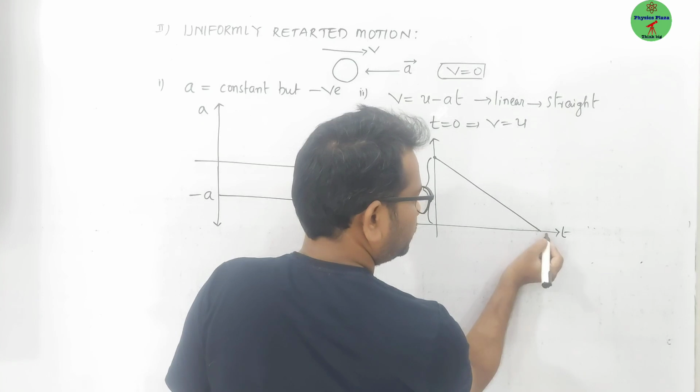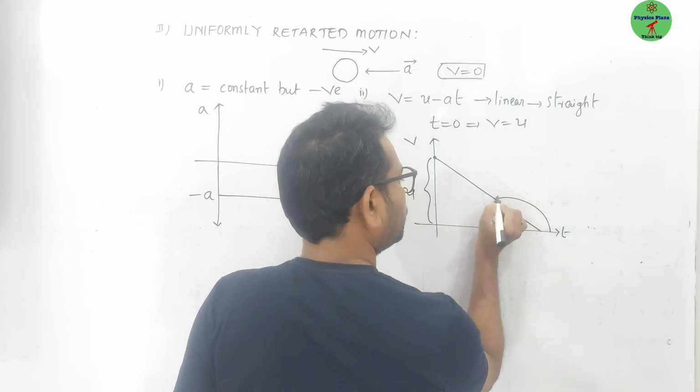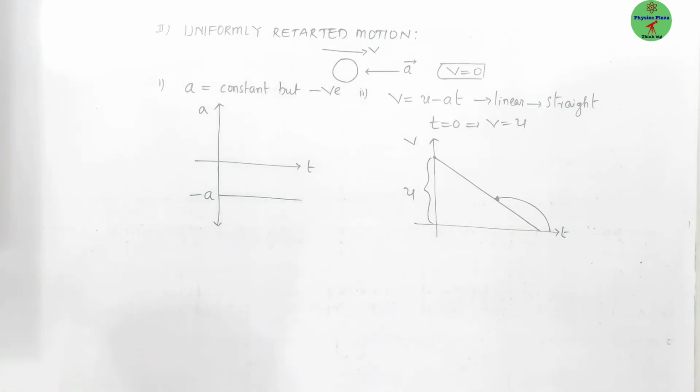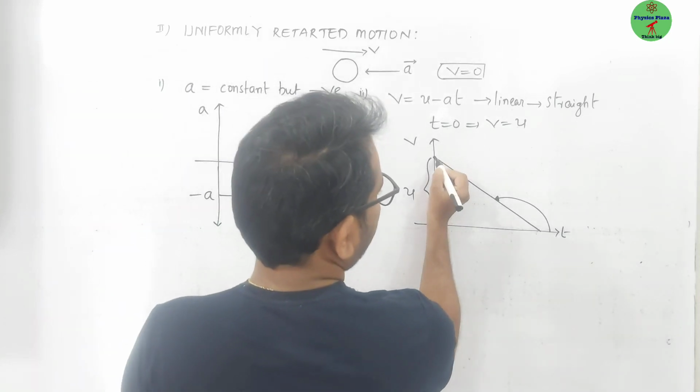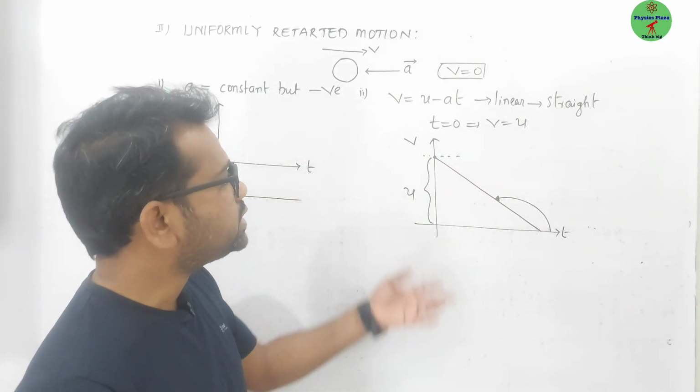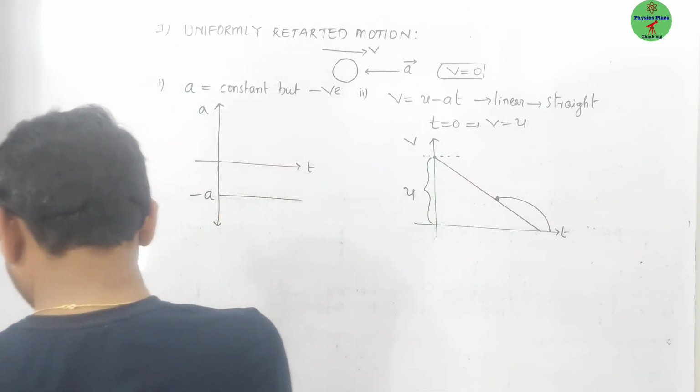Here this is the slope and it is negative, so it has a negative slope. Here also, if you can see, it has some value. So this is how the velocity-time graph is going to be.